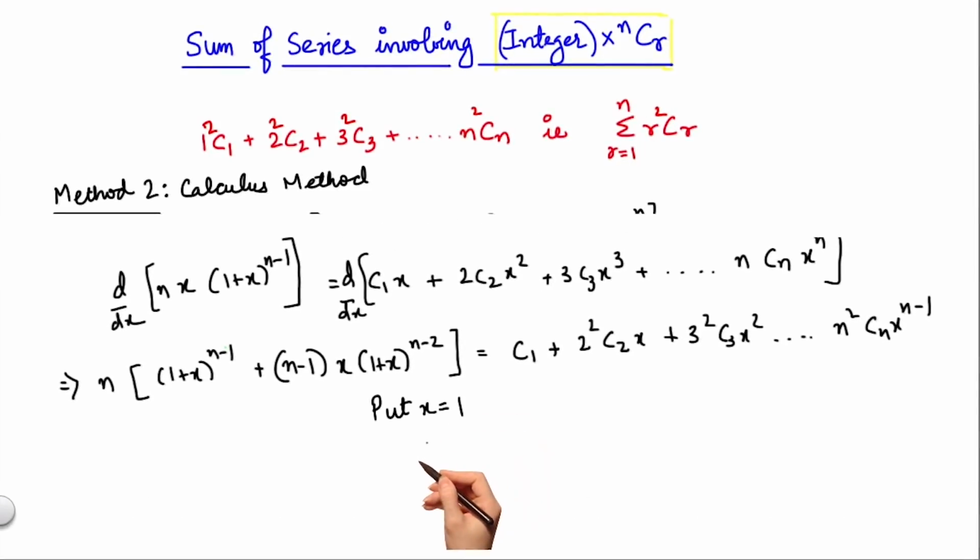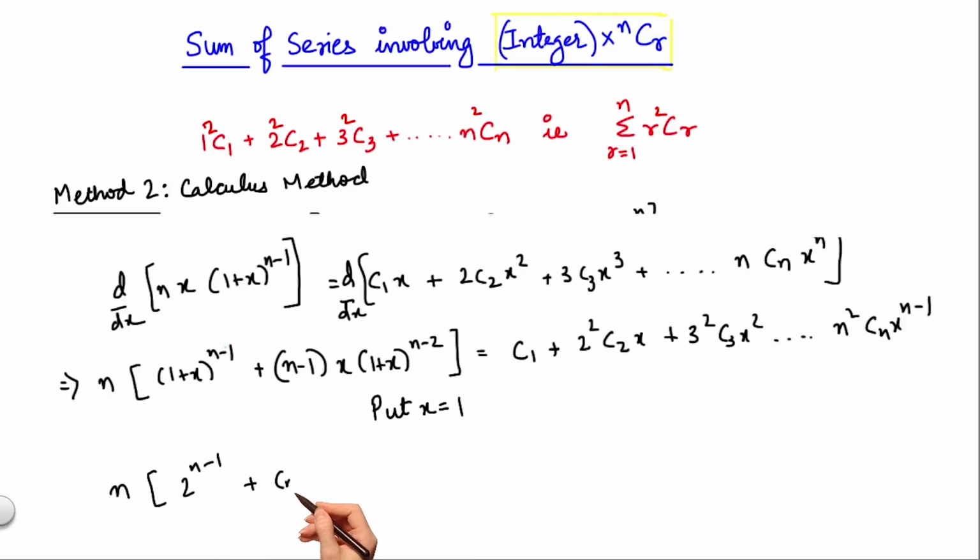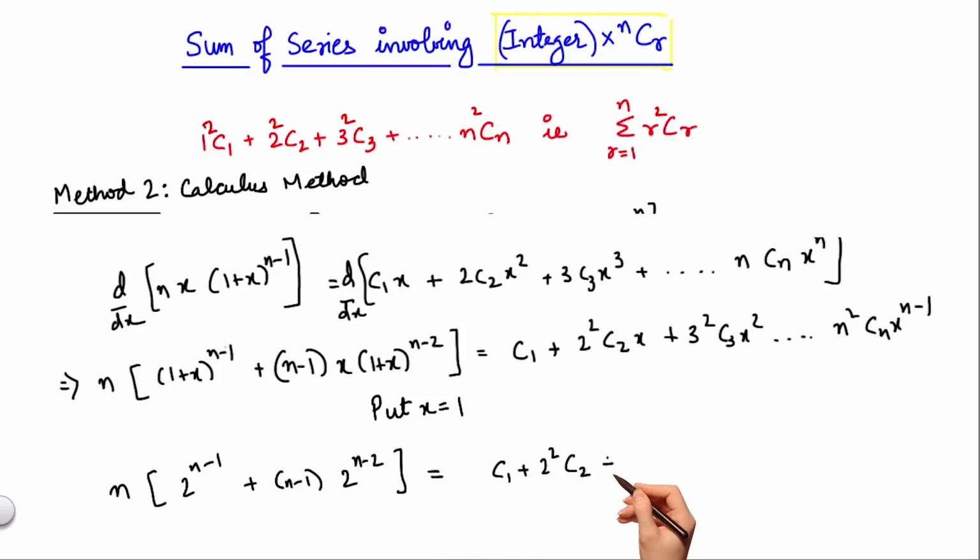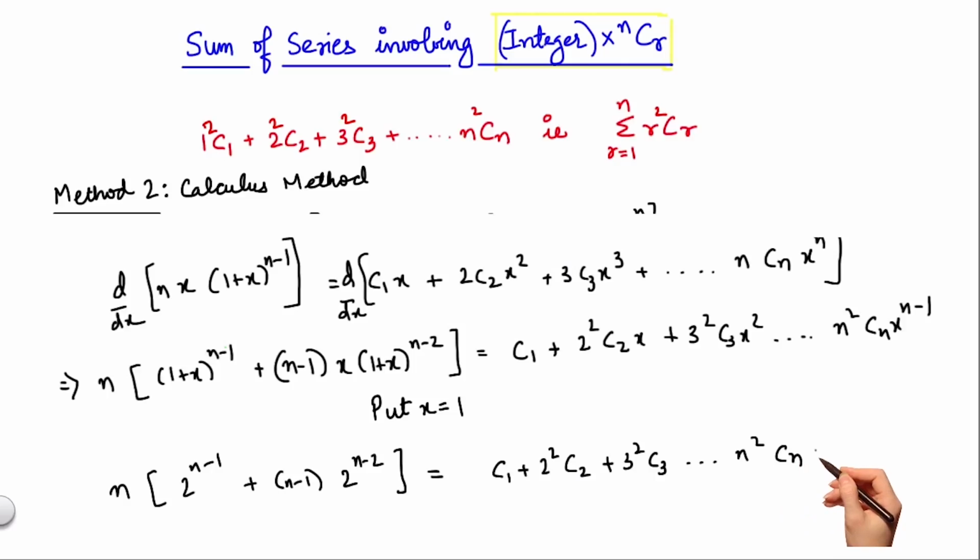I can put x equals 1 on both the sides to get n times 2 to the power n minus 1 plus n minus 1 times 2 to the power n minus 2 equals c1 plus 2 square c2 plus 3 square c3 and so on until n square cn. Note that the right hand side is my required sum. Solving this further, I get n times n plus 1 times 2 to the power n minus 2 as my answer.